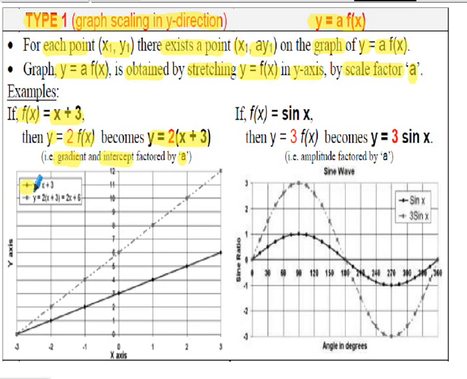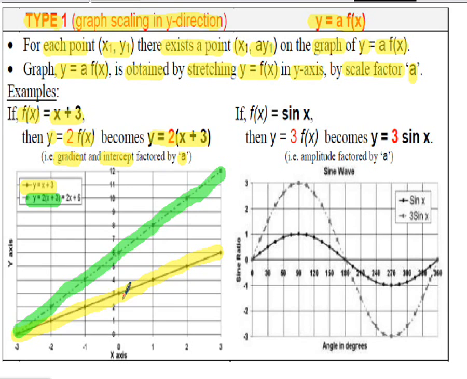Considering the equation y equals x plus 3, the linear line, we plot this line passing through 3 on the y-axis. If we now consider the equation y is equal to 2 multiplied by x plus 3, we plot this line here, where the gradient is now double and the intercept is now double.